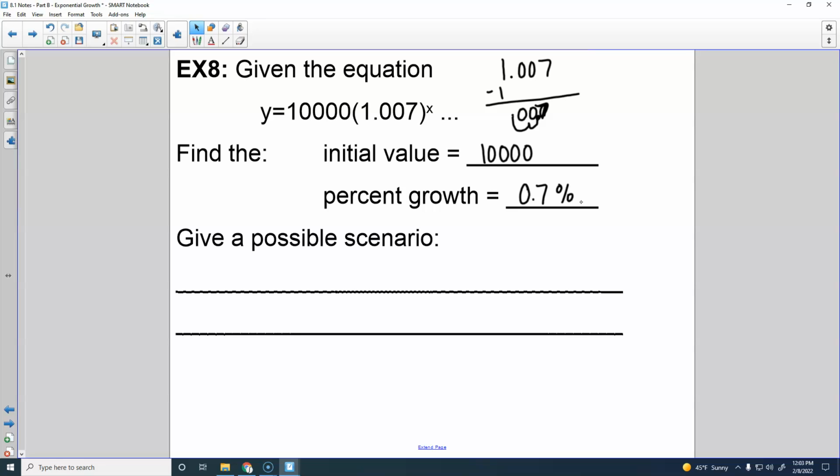This would be a good one for population growth. It worked well for money if you don't have a very good interest rate, which right now interest rates are horrible. I think I get 0.15% on my checking account. I might get like 0.2% on my savings account. You're basically not getting anything.